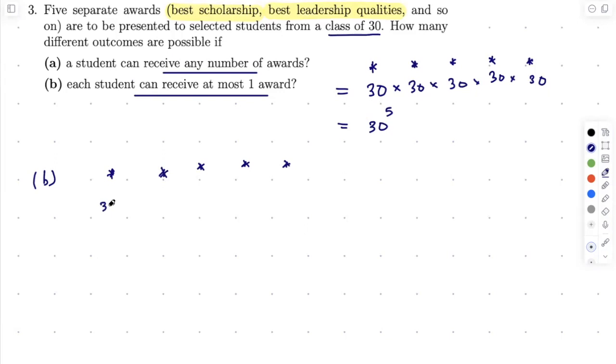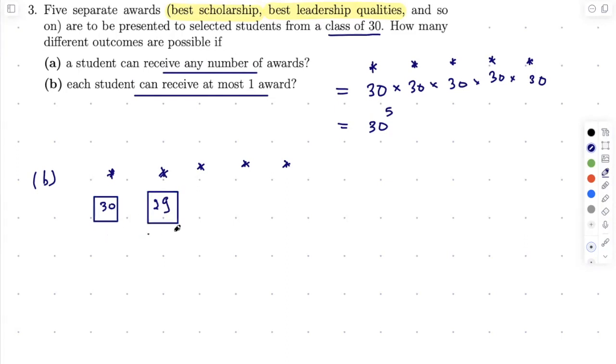There are 30 students available for the first prize, for example. Now, because a student can take at most one award, for the second position you will have 29 students only because one student has taken an award.